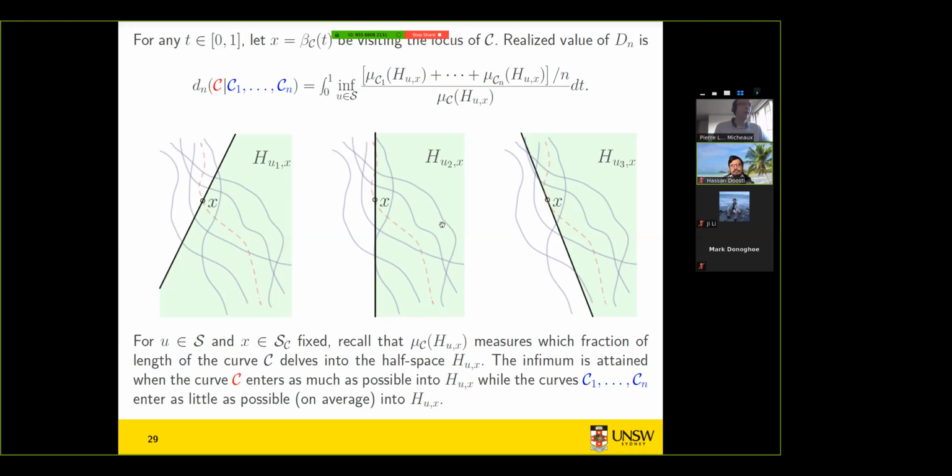And when it's different, then we will be able to find a green plane where the red curve enters deeply, so mu C will be large, but the blue curves do not enter deeply, so the numerator will be small. Okay, and if this is the case, then this measure will be small if we integrate for all the values. Okay, so this is the rationale, the intuition behind this formula that we introduced.